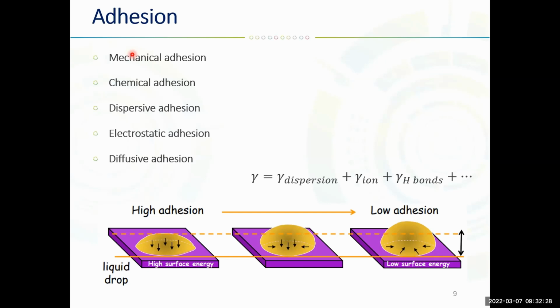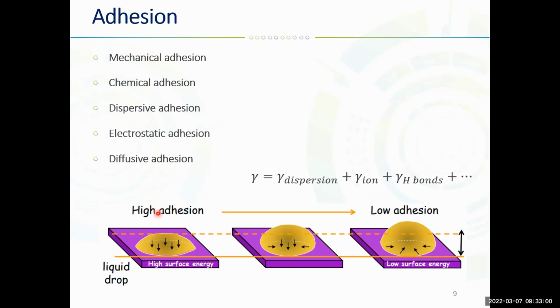So if you have a tip coming into contact with the surface, and the material in the tip is different than the material on your surface, you can get either high adhesion or low adhesion. It will depend on the molecular force of attraction between the atoms and molecules across the interface. For example, if you get low adhesion, you tend to say that's characterized by low surface energy.